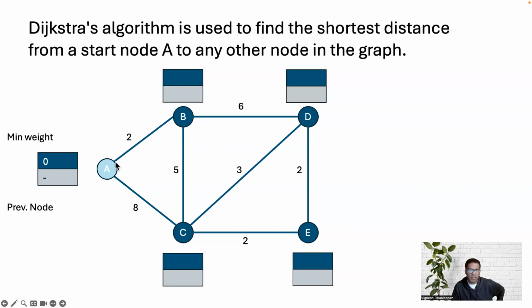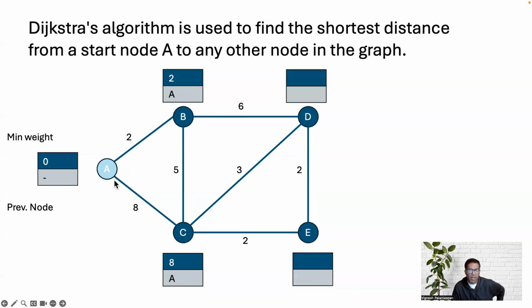And we can update the information in the boxes at B and C. So at B, we would be updating the minimum weight to be 2. And the previous node would be A, because that's where we came from. Likewise, at C, the weight would be 8, and the previous node we came from would be A.